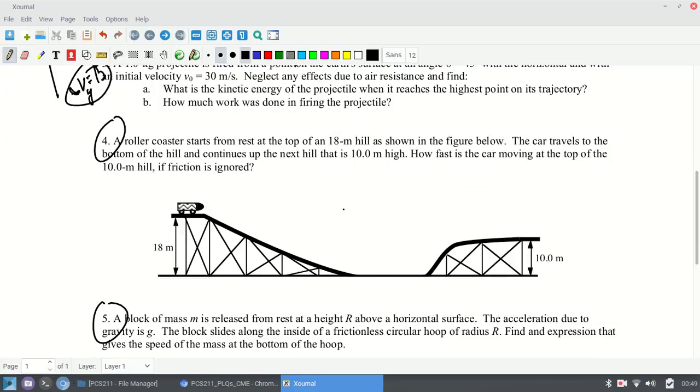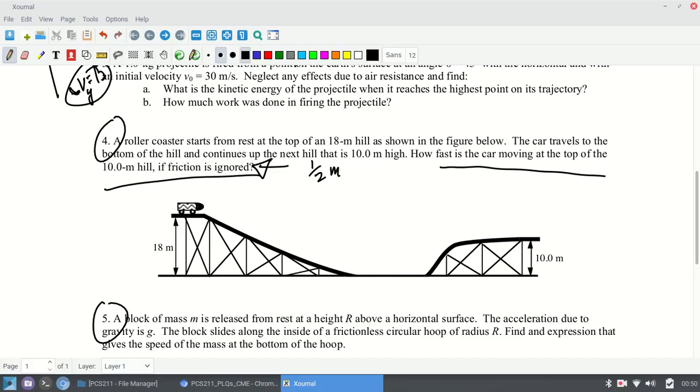Over here, for number 4, a roller coaster starts from rest at the top of an 18-meter hill, as shown in the figure below. The car travels to the bottom of the hill and continues up the next hill that is 10 meters high. How fast is the car moving at the top of the 10-meter hill if friction is ignored? That's key. If friction is ignored, then total mechanical energy is conserved.